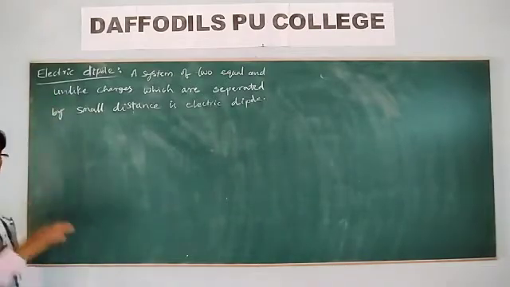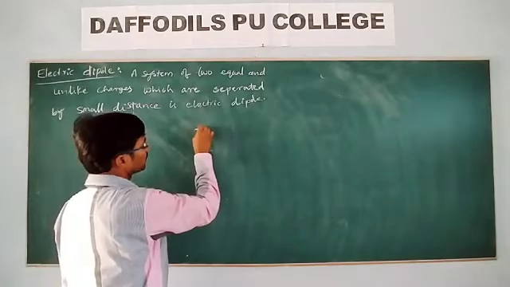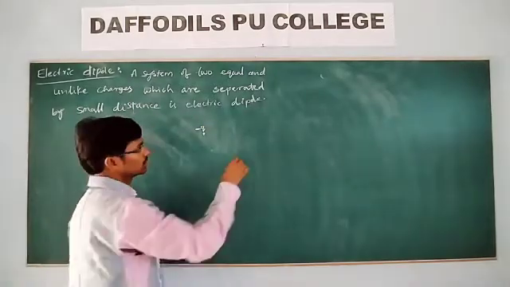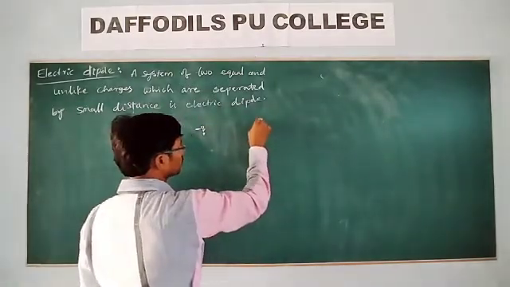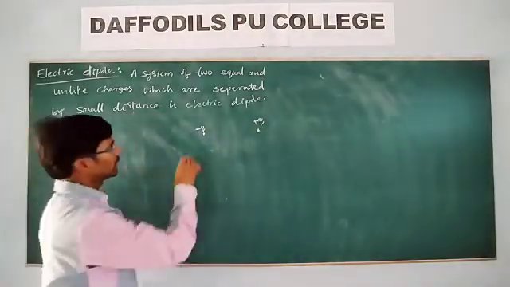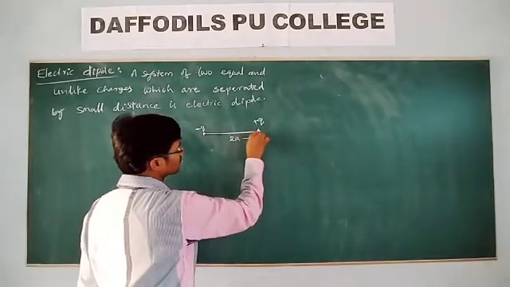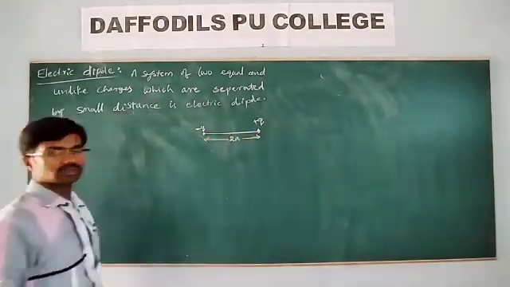Now, electric dipole means, look at this one: minus Q, one charge, and plus Q, and these two are separated by a very small distance. Let us take the separation between these two charges as 2a.